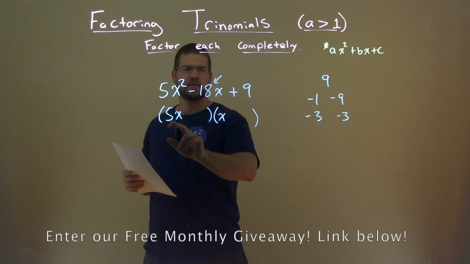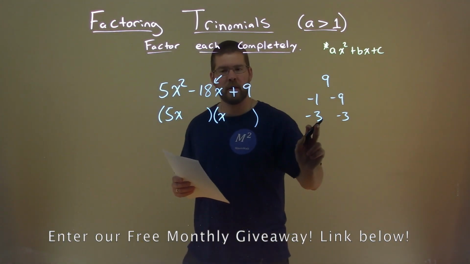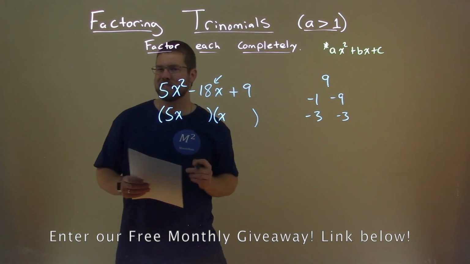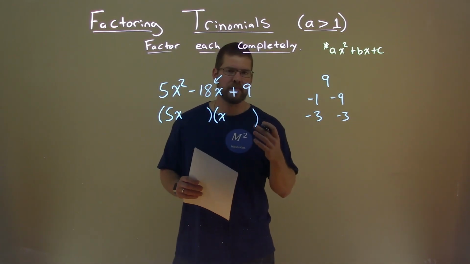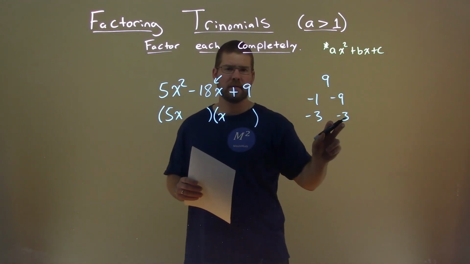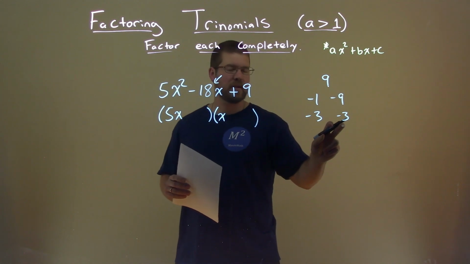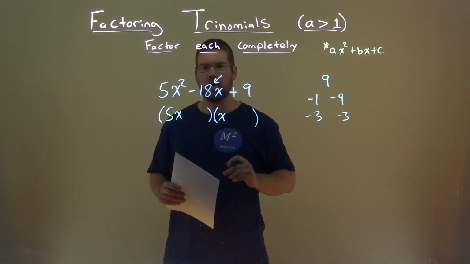What two numbers, 5 times which number plus 1 times the other number gets me to my B value, which is negative 18? And I try to make my first best guess here. Try to find a value that's close. Well, 5 times negative 3 is a negative 15. I see that. That's close to negative 18. Subtract 1 times a negative 3, and bingo, we got it.